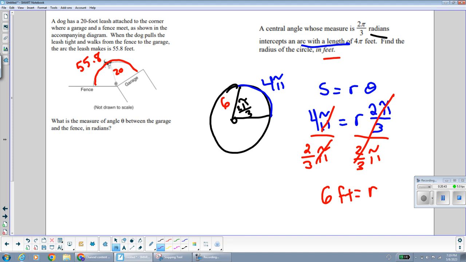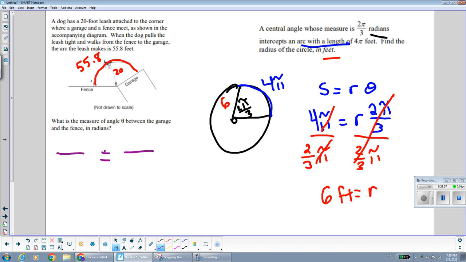Even though it's in radians and we can use our formula, I just want to set up the proportion because we've been using the formula a lot for the arc length questions with radians. But when you have degrees, the proportion is sometimes more useful. Because the formula can only be used with radians, I do want to check it out with the proportion as well. So arc length goes on the side.